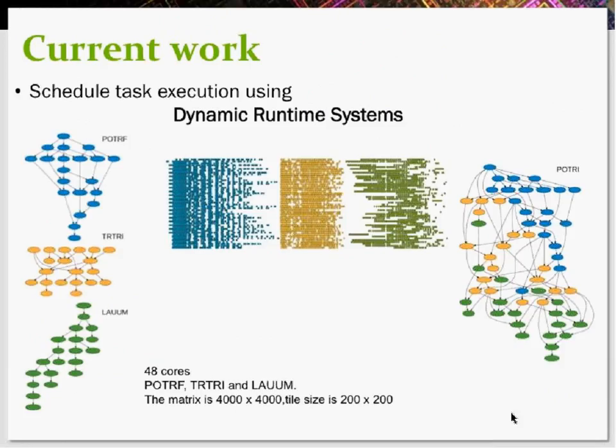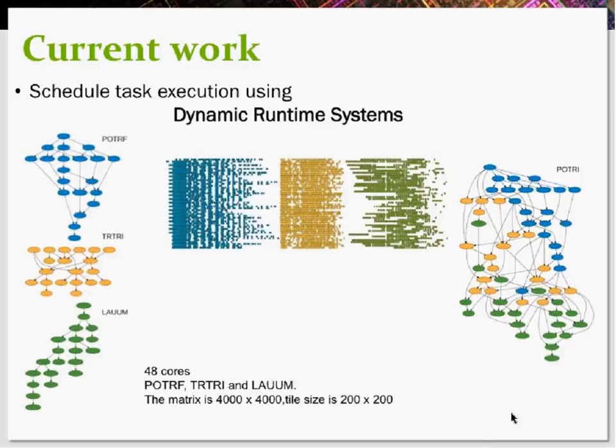Now a few words about current work. We are trying to use dynamic runtime systems. So these are typical phases. I don't know if you have seen phases before. What it shows here is a single thread when it's working or not.